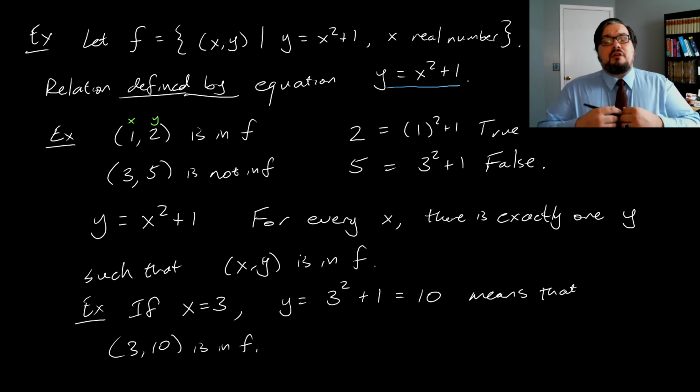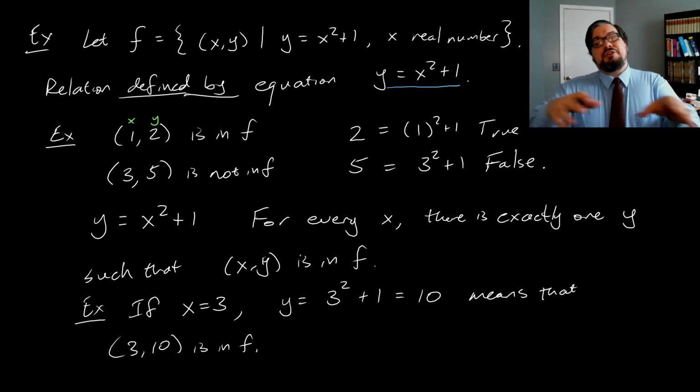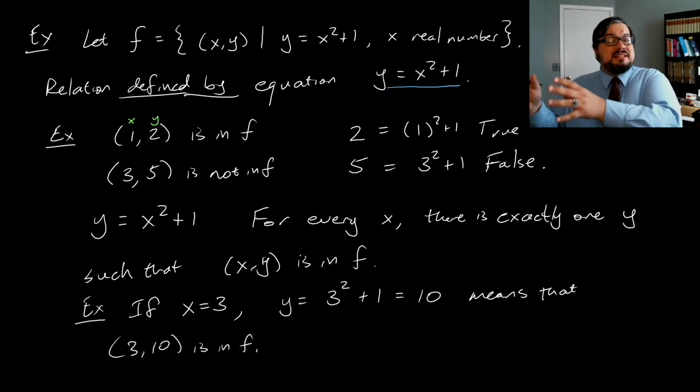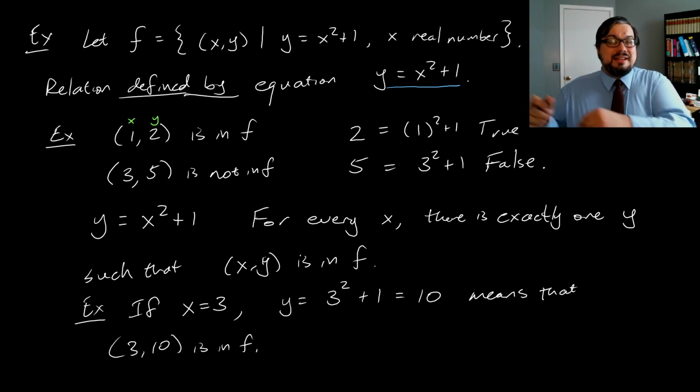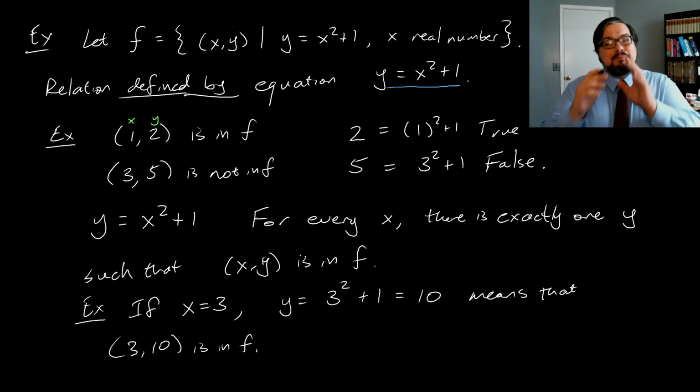And there are lots of other examples that we have like this. If I take a look at the relation where I relate a United States senator to the state that he or she represents, that's a function because every senator can represent at most one state.